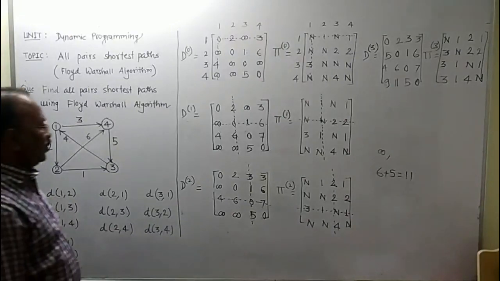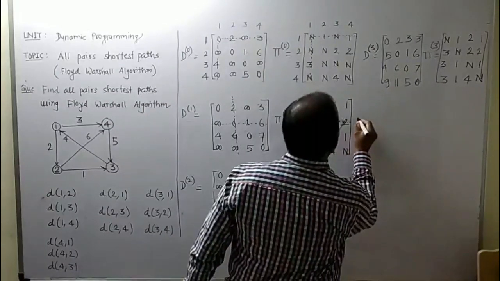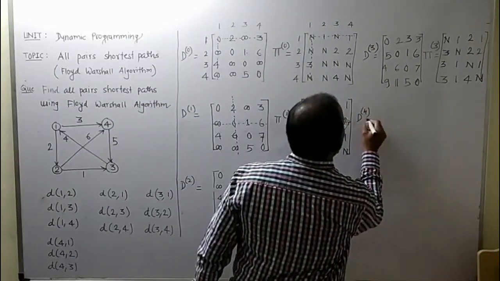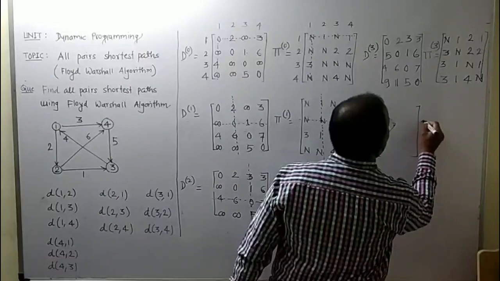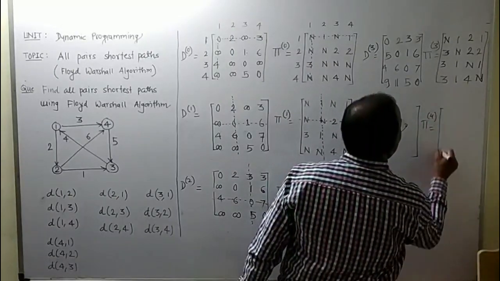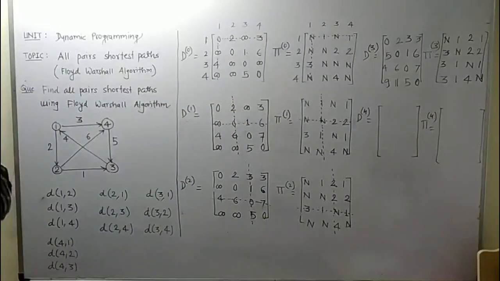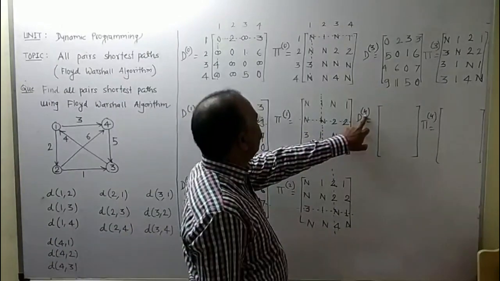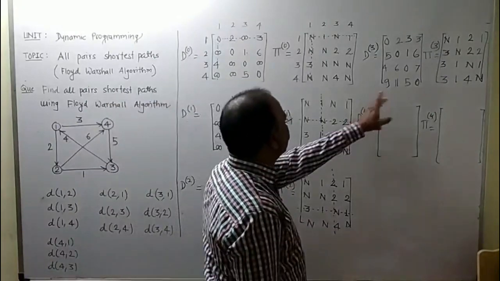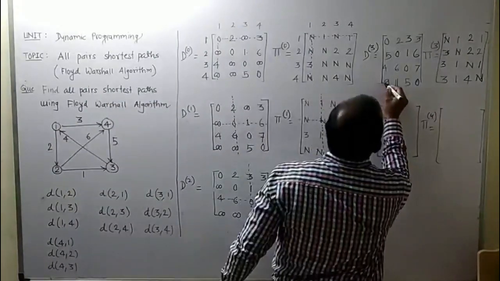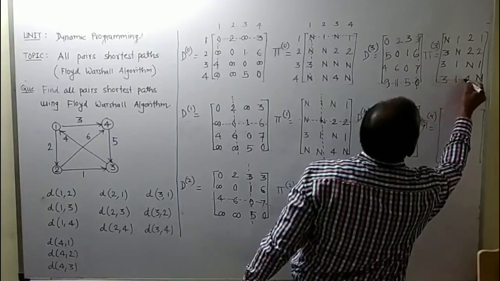Now find out D4 and pi 4. So this is the last matrix. Here the value is 4, means k is equal to 4. Go to the matrix, then set the fourth row and the fourth column in D3 as well as pi 3.